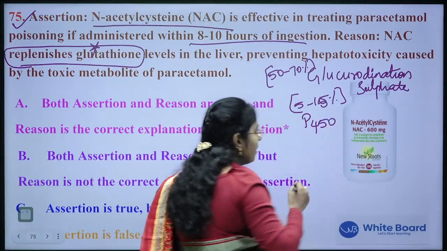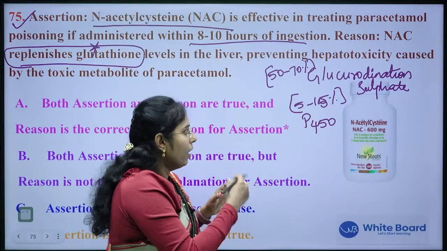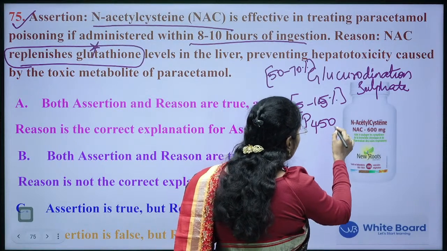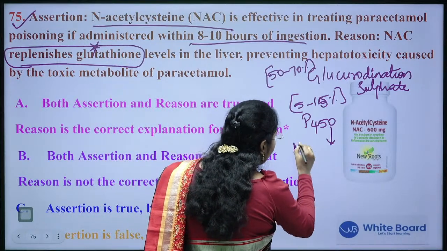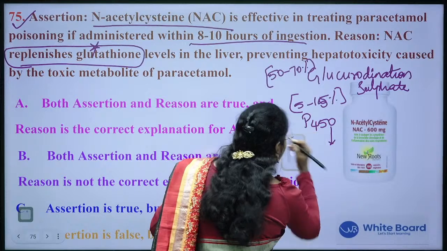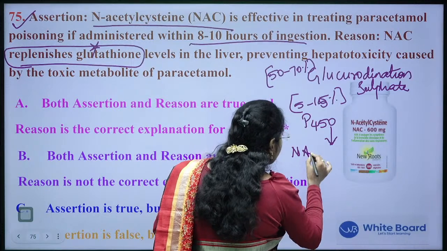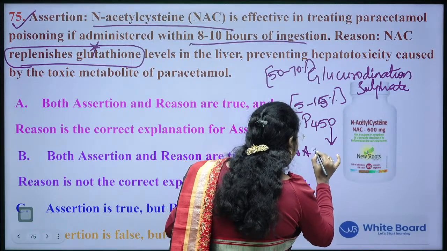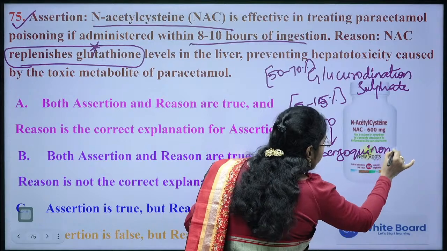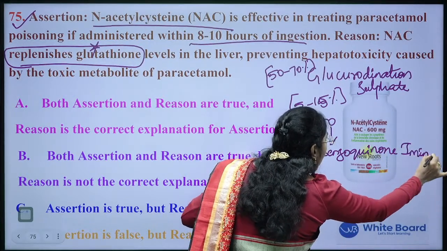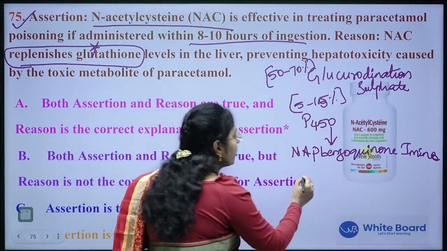This P450 enzyme causes oxidation of paracetamol and converts it into a toxic metabolite, that is NAPQI, N-acetyl-p-benzoquinone imine. So this is the toxic metabolite which is formed in our body. Then what happens? Immediately glutathione.